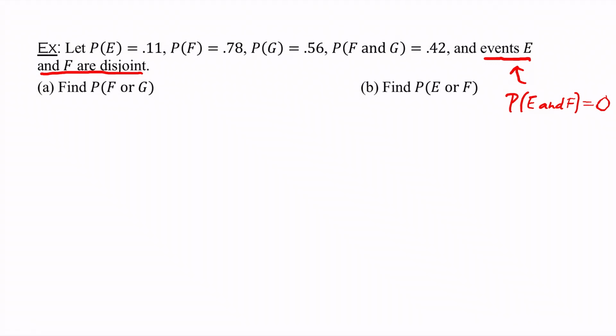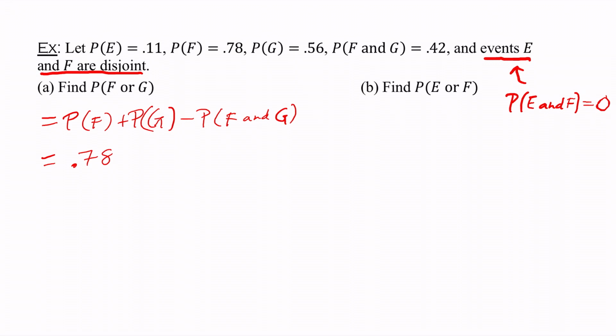Okay, so with part A, find the probability of F or G. Well, according to the addition rule, that will equal the probability of event F plus the probability of event G, minus the probability of F and G. So according to the given probabilities up here, 0.78 was the probability of event F, 0.56 was the probability of event G, and then minus 0.42, the probability of F and G both occurring.